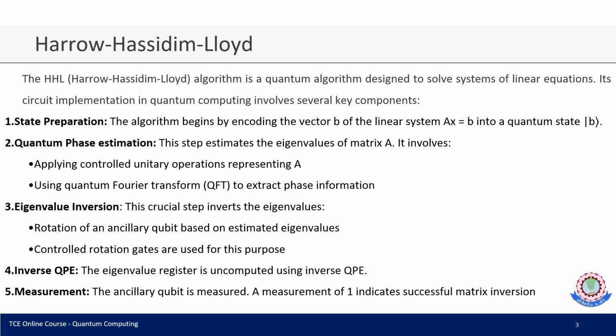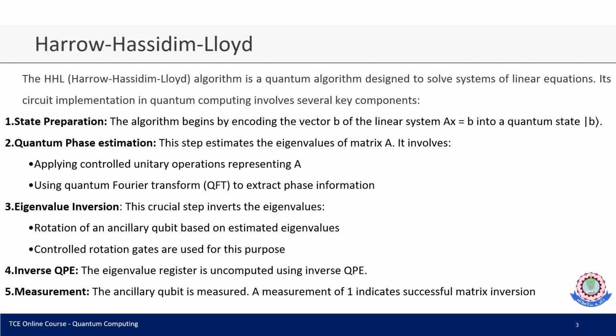The third is eigenvalue inversion. It's a crucial step. We convert the eigenvalues into rotations of ancillary qubits based on the estimated eigenvalues. Controlled rotation gates are used for this purpose.